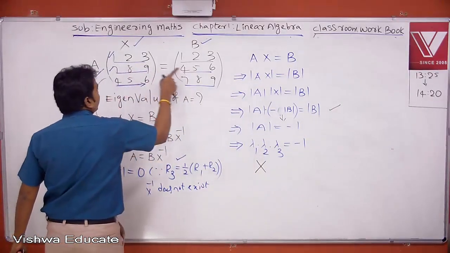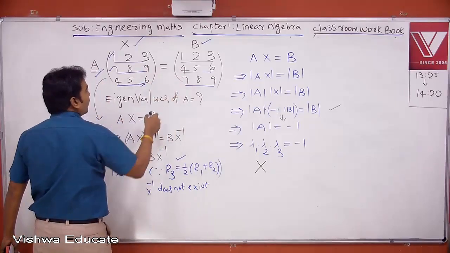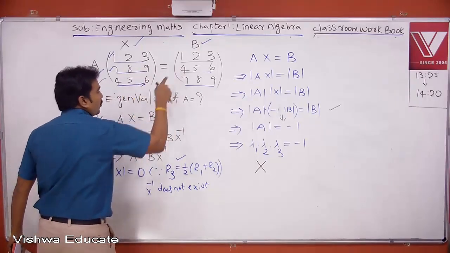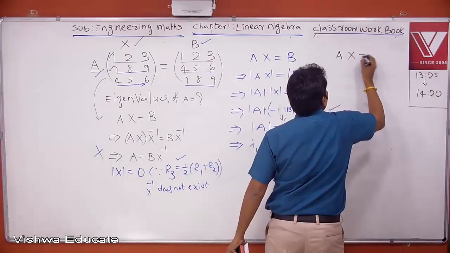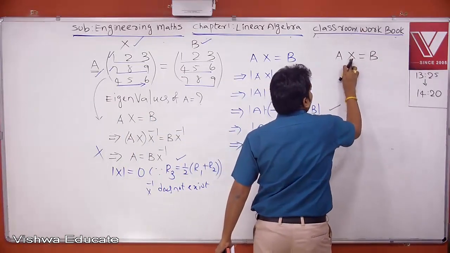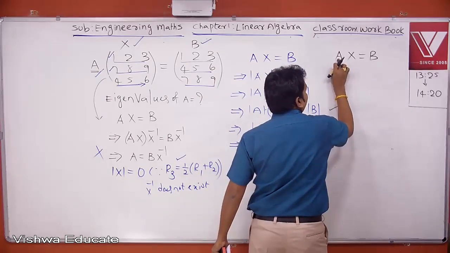The difference between this and this is almost the same by exchanging the second and third row. Suppose AX equal to B. If this and this both are same, then this must be the identity matrix.